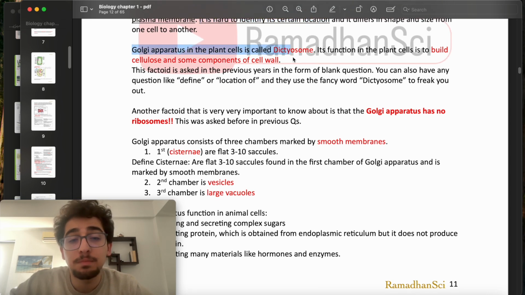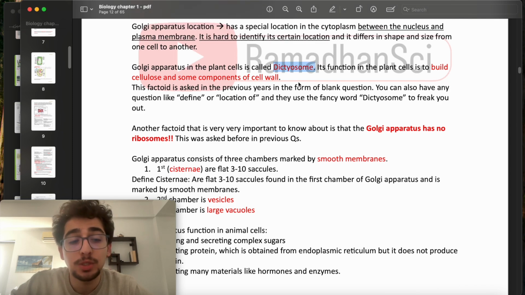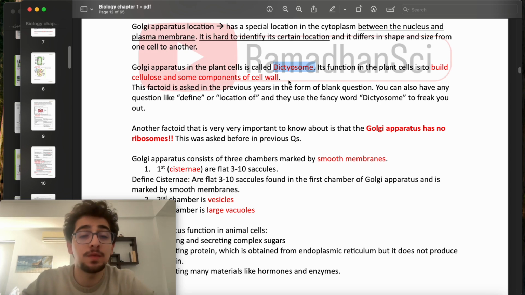One more thing that can make students panic is the dictyosome. Dictyosome is basically the Golgi apparatus, but in plant cells. And its function is to build cellulose and some other components of the cell wall. So if they give you a definition or the location or the function of dictyosome, if the location, it's the same as Golgi apparatus, there's nothing going to change.